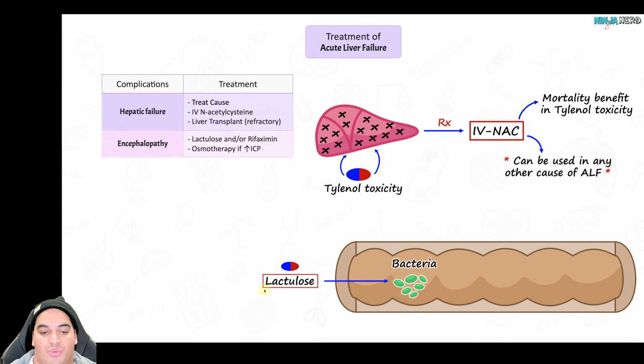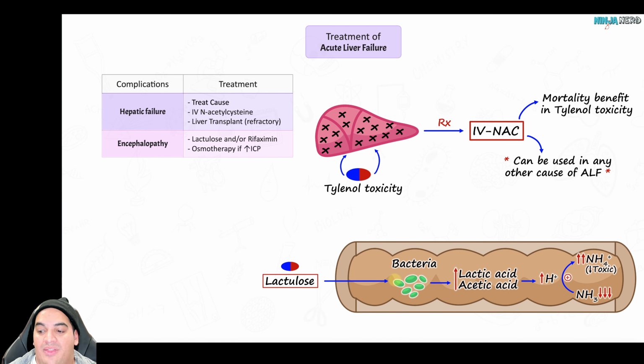Lactulose being the first one, we give this drug, it's ingested, and it acts on the bacteria, particularly in the colon. The bacteria break down the lactulose and make a lot of lactic acid and acetic acid. Why is that helpful? These acids release a proton.